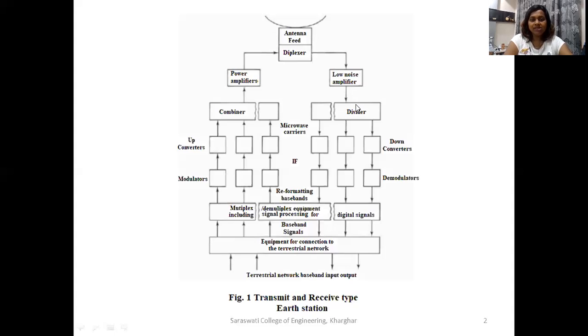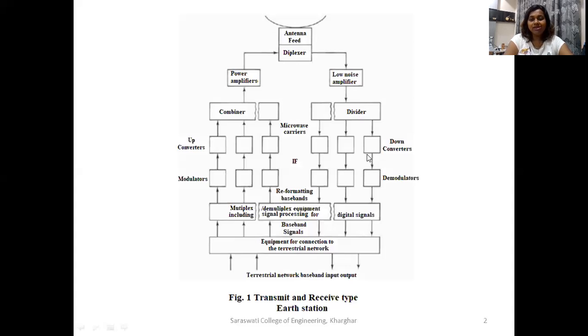These combined signals are then divided using this divider network or divider circuit. Afterwards, the signals are down converted to the intermediate frequency. Most probably we use 70 megahertz as the intermediate frequency in satellite communication generally.